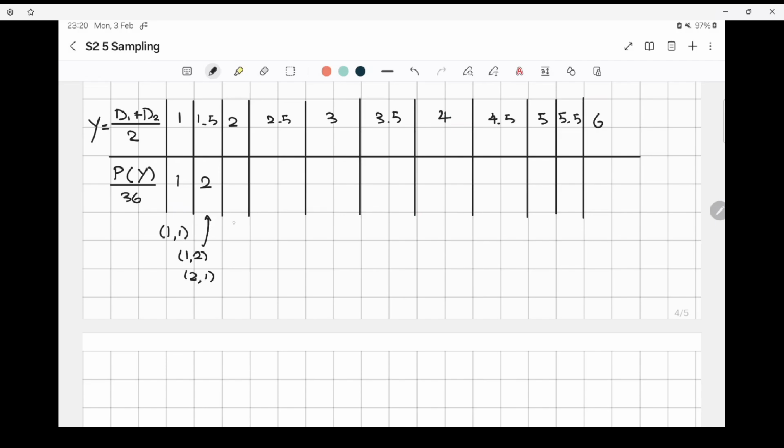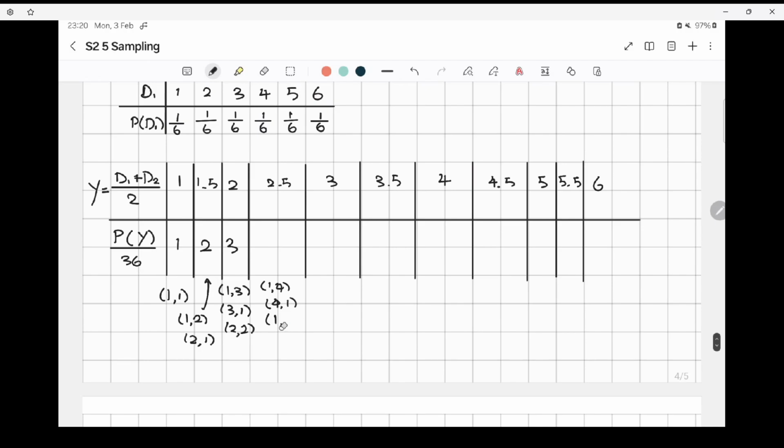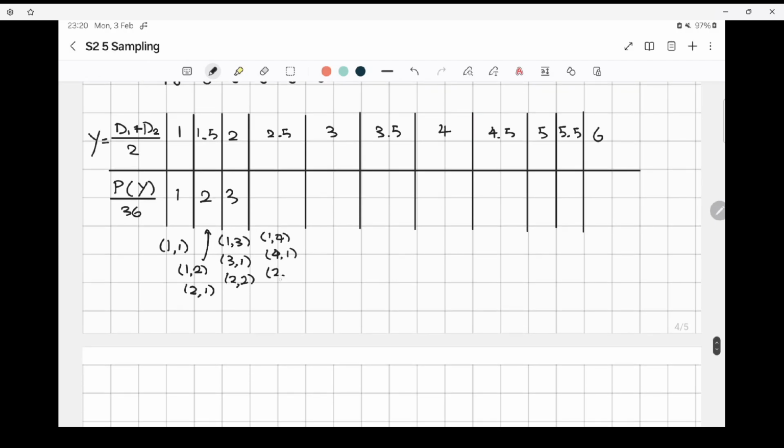If it is 2, then you can either get 1, 3, 3, 1, 2, 2. So this is 3. If it is 2.5, it is 1, 4, 4, 1, 2, 3, 3, 2. So you have 4. Similarly, you can write down all the different configurations. This should be 5 over 36. This should be 6 over 36.